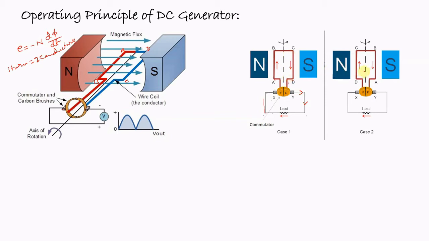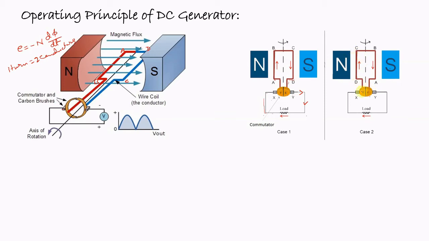Now after 180 degrees, when the coil rotates 180 degrees, the CD side will be under the north pole and AB side will be under the south pole. But here you can see that the commutator segment also changes its position, because the CD side conductor is always connected to the commutator segment E and AB side is connected to segment F. So when the coil rotates, the commutator segments also rotate.